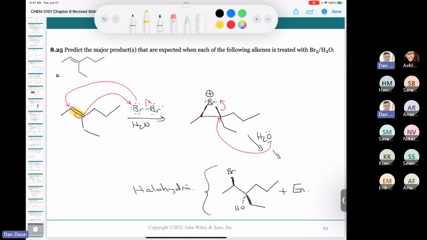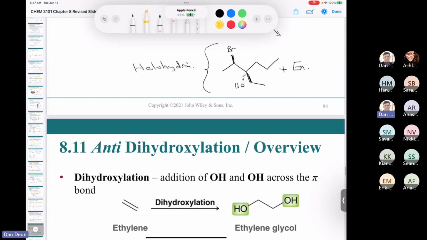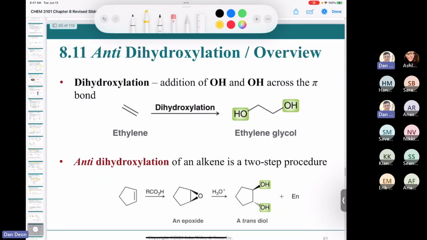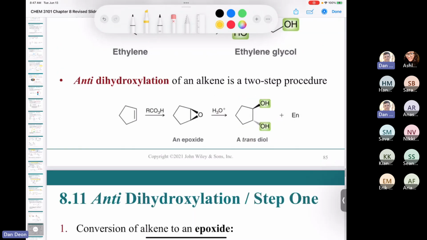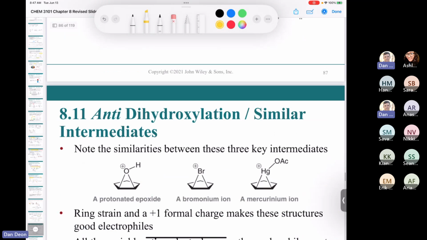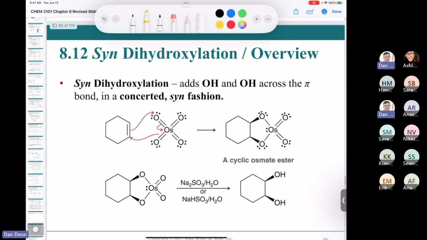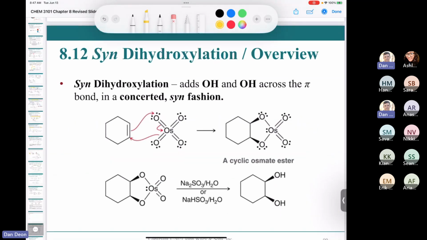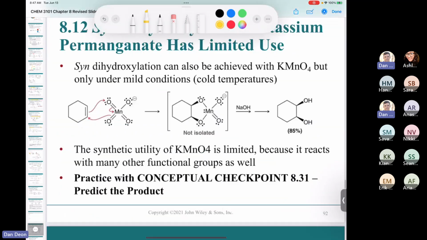All right, let's take a short break, and then we're going to come back and take a look at dihydroxylation. Just by way of an introduction, it's the only reaction that we look at anti and syn addition. So we look at anti-dihydroxylation first, and then after that, the book teaches you about 6,000 ways to, I'm kidding, but it teaches you a whole crap load of ways to do syn dihydroxylation.